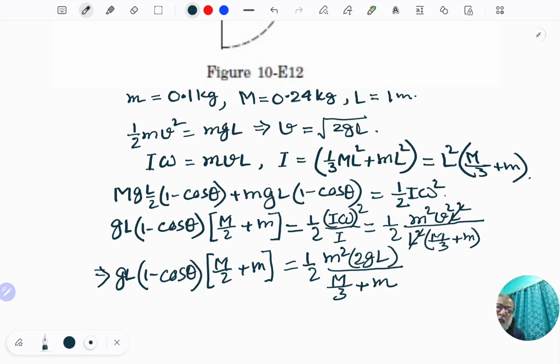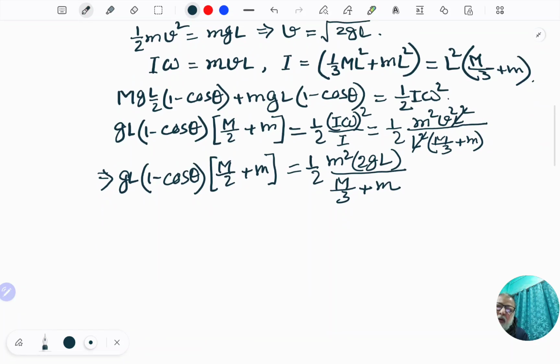Now, please notice an interesting thing here, I did not put the numerical values in intermediate steps, which I generally advise my students also, that don't put the numerical values in the intermediate steps. Go on working out the problem till you get the final answer in terms of the notations given.